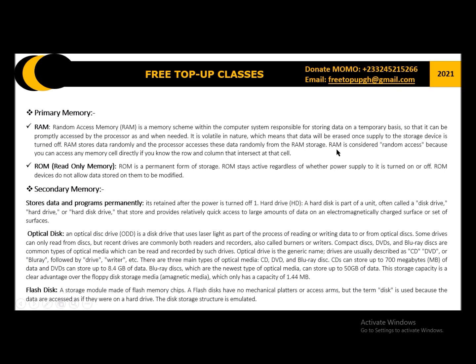So it says that RAM is considered random access because you can access any memory cell directly if you know the row and column that intersect at that cell. All right, so those in school, just note that RAM is random access memory, stores data on a temporary basis, and that's all. And pass your exam.